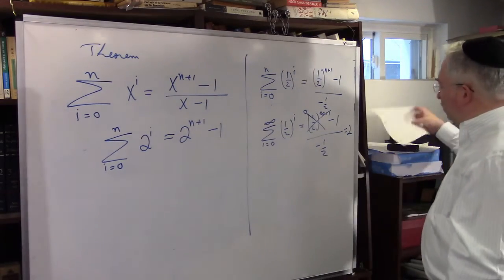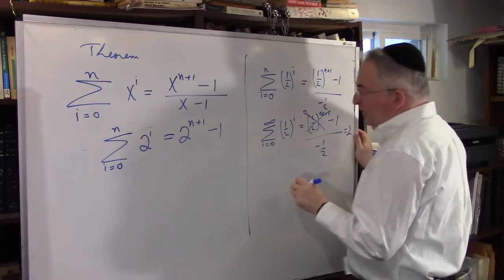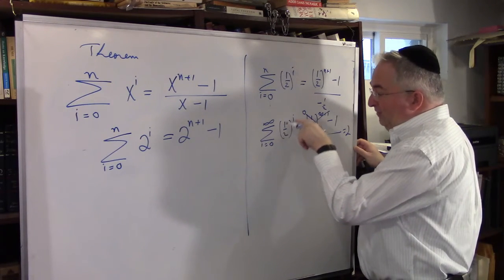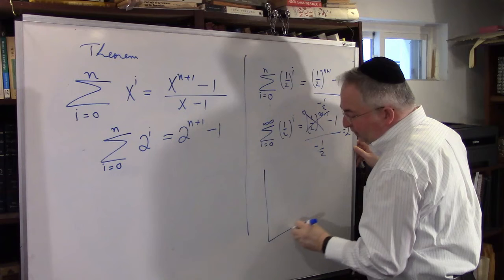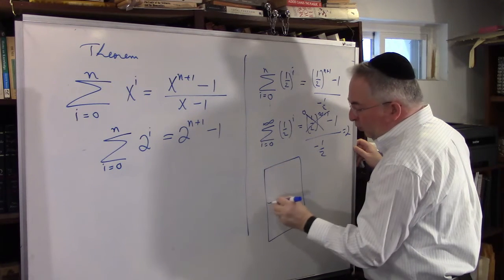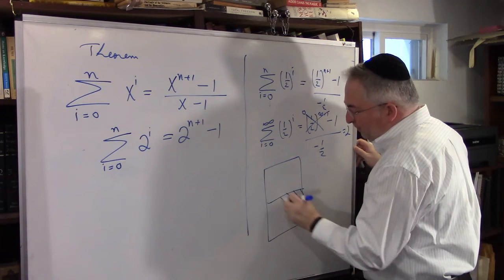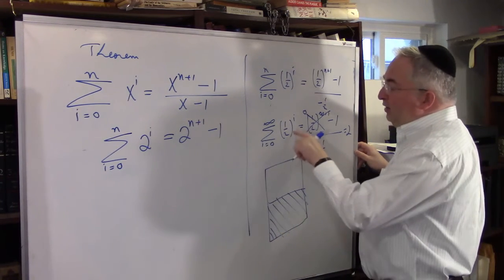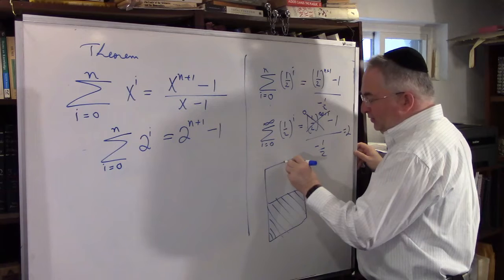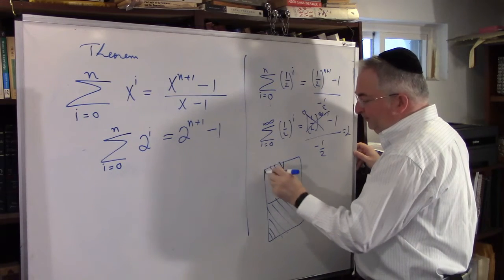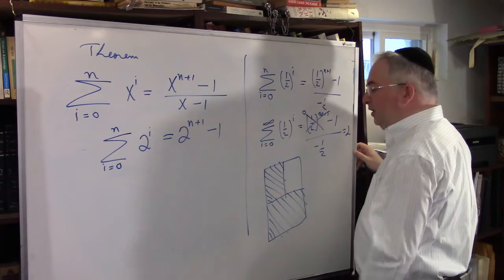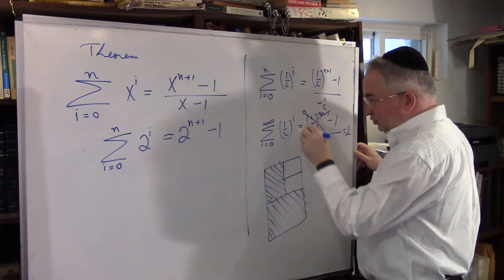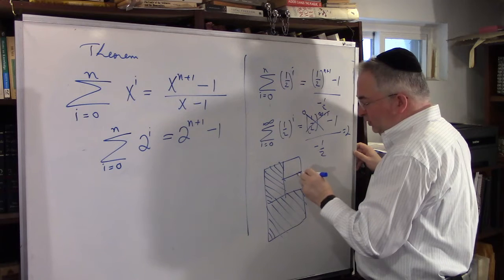Okay. Let me just show you what this is geometrically. Start off, i is equal to 0. What's a half to the 0th power? That's 1. Take a 1 by 1 square. Now add a half of that. So that's a half. Now add a quarter, because a half to the 2 is a quarter.